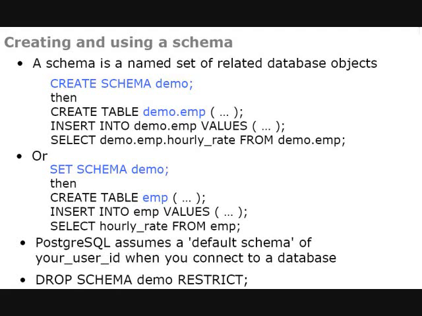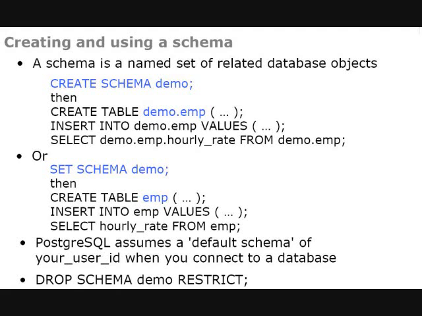Or I could set, in this case, set a schema demo. In PostgreSQL it is slightly different because you have to use a command, set search path to demo.public, in the specific case of PostgreSQL. Once I am in that particular schema, I don't have to then qualify every table name with the name of the schema because I'm working within that schema.